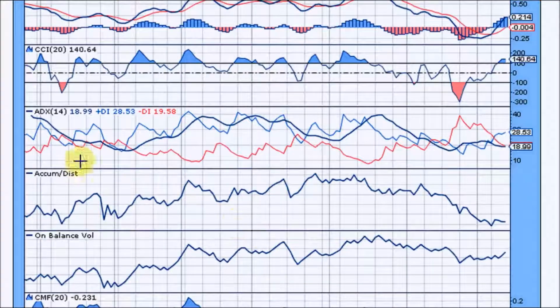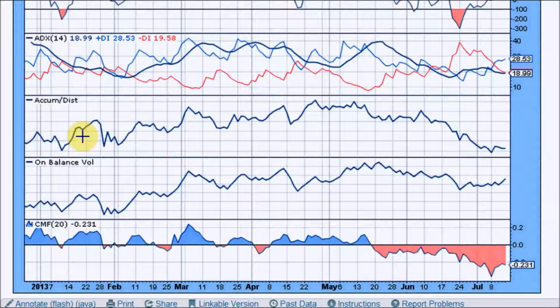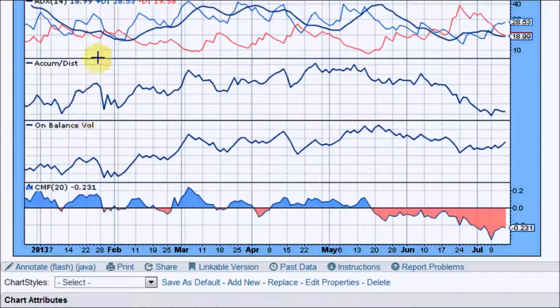Next up is the ADX, the average directional index. And we will cover this one and the CCI real soon because they're both very important. And then down at the bottom, we have the money indicators, accumulation distribution, on-balance volume, and Chaikin money flow, which we will learn very soon.